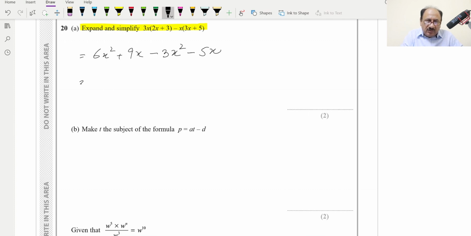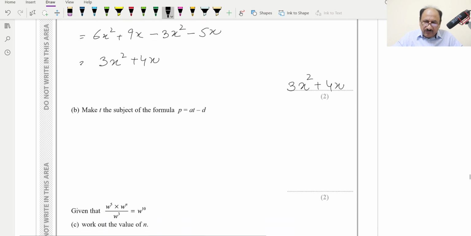So 6x squared minus 3x squared will be equal to 3x squared, and plus 9x minus 5x will be equal to plus 4x, and our answer will be 3x squared plus 4x.